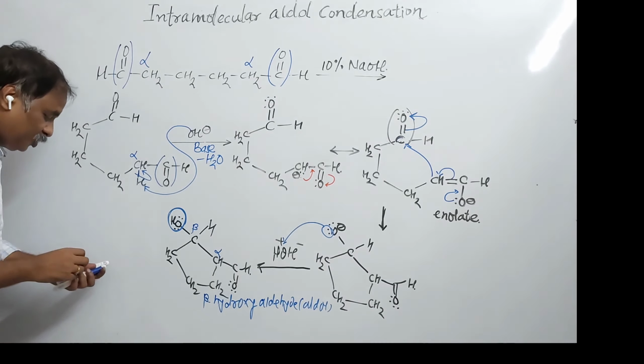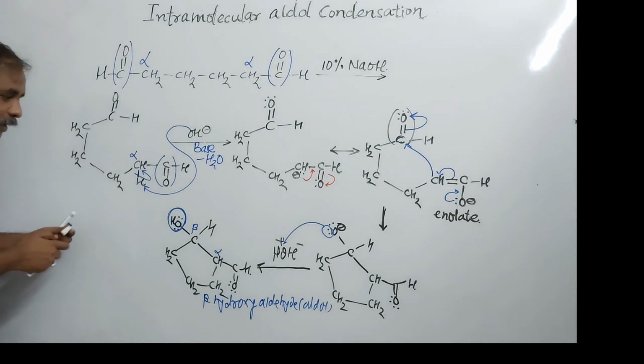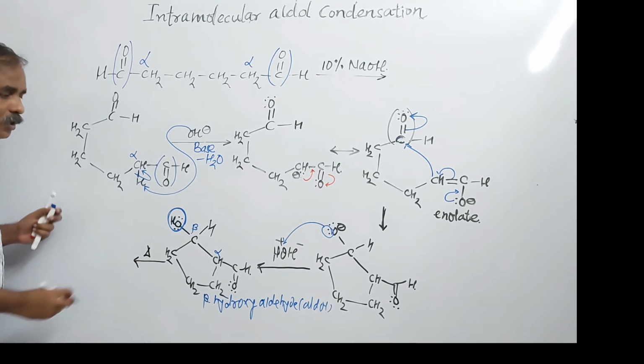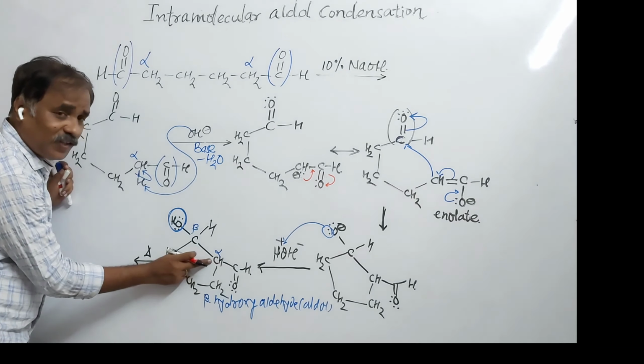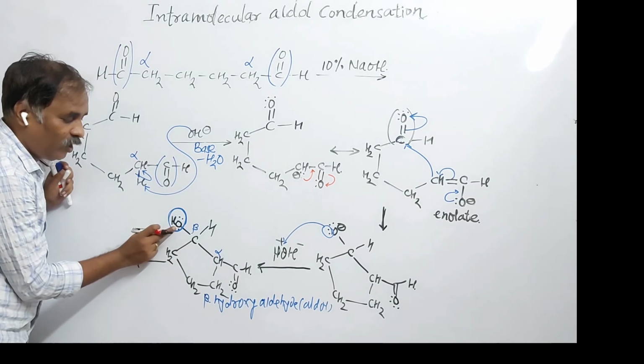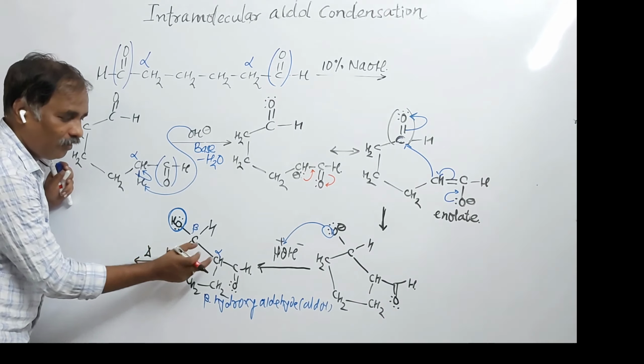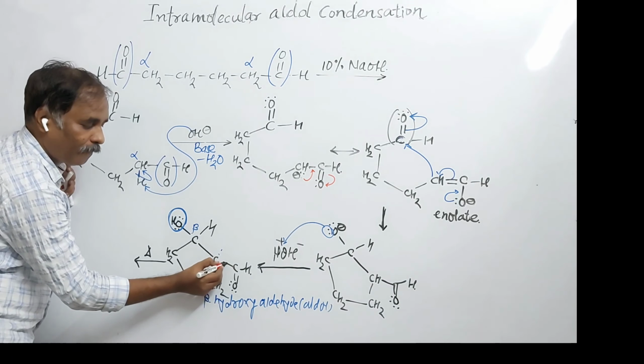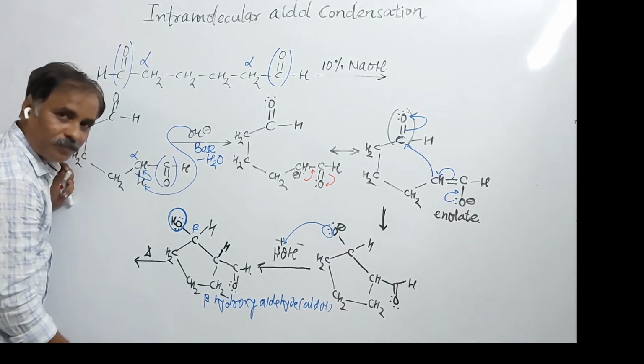Now the decomposition of this: if I heat it, heating of this, up to 100 degrees Celsius. So the hydrogen from this alpha carbon and the OH from this beta, a removal of H2O. Suppose here it is hydrogen like this.